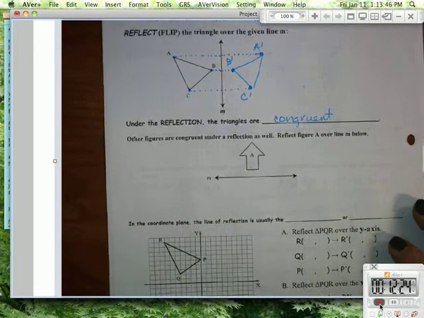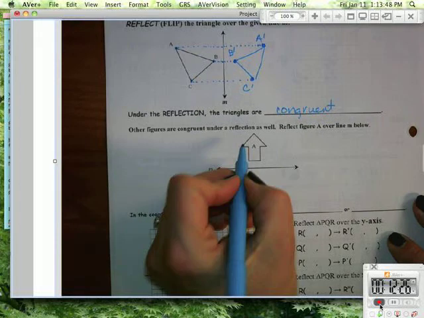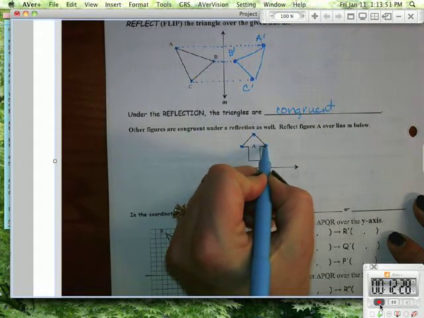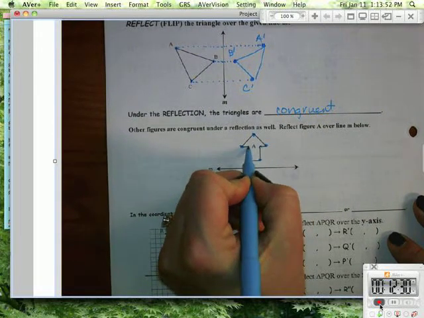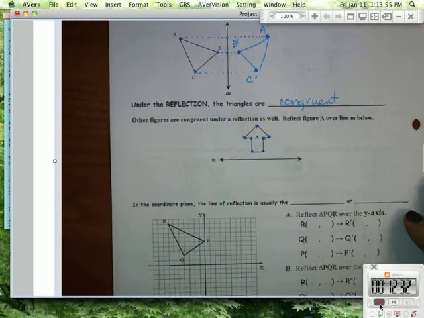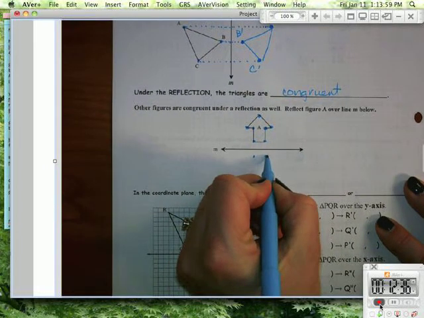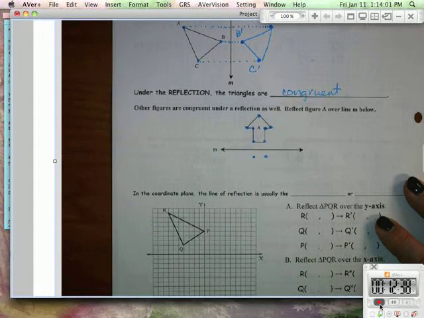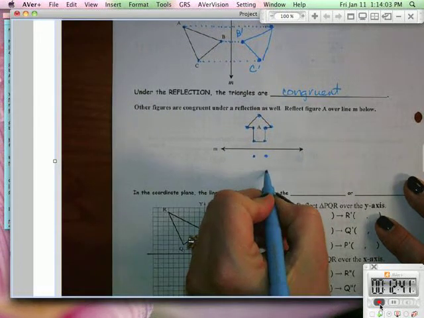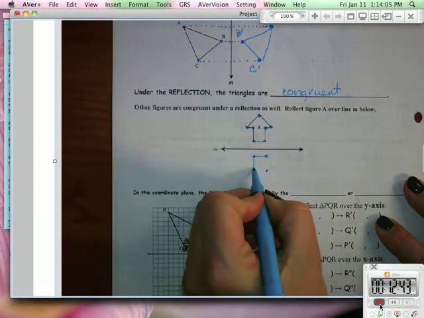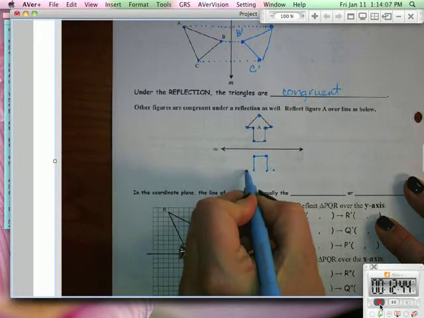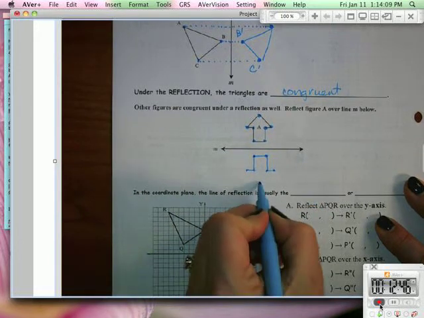Okay, you could do the same thing with this. Go by the points. Instead of trying to just duplicate the picture, all the vertices there, if you just draw them the same distance from the line of reflection, and then connect them, and then here and here, and then the peak of it, boom.